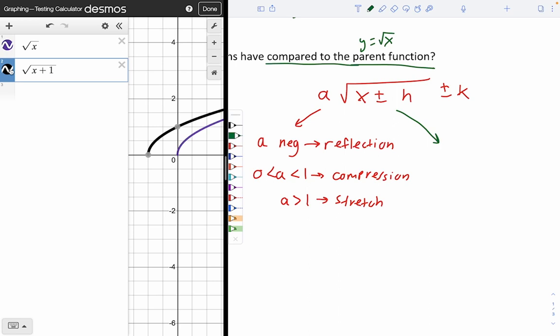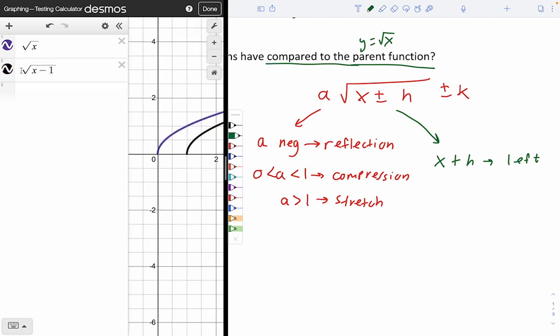It went to the left. So if it's x plus h, it will go left that many places. If I make it x minus 1, what happened there? It went right 1. So x minus h makes it go to the right.